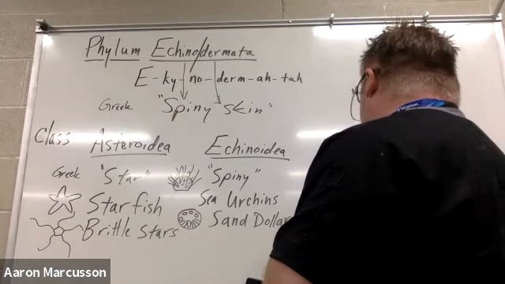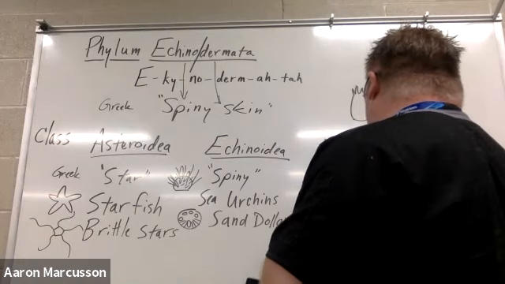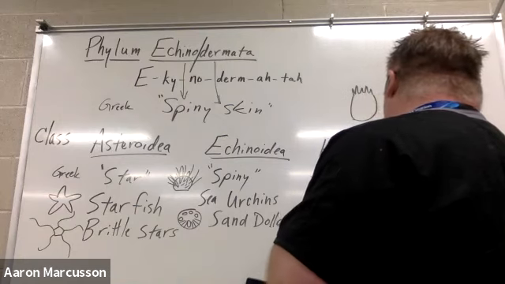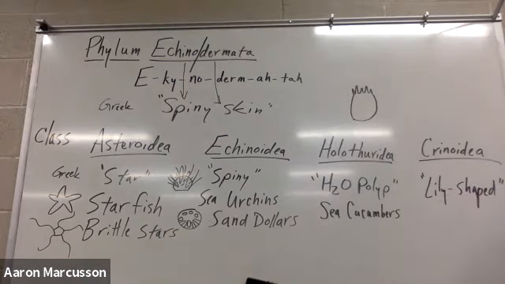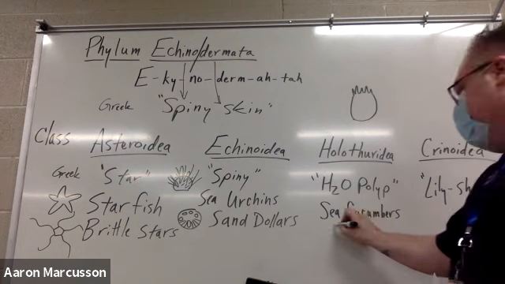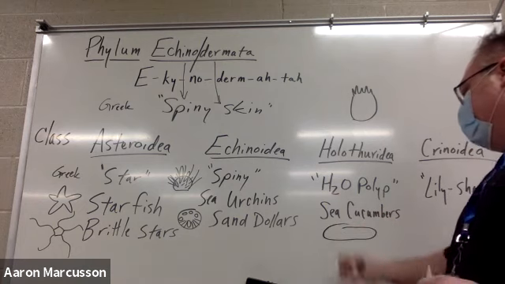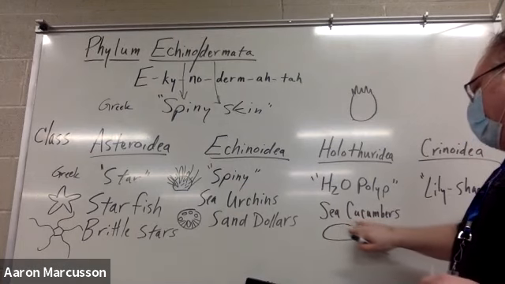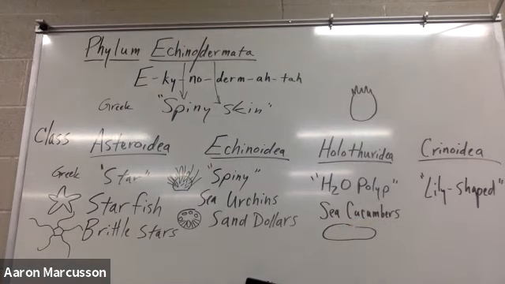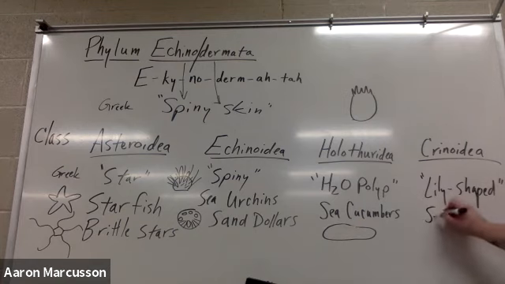Holothuriidea are your sea cucumbers, and they're no relation to plant cucumbers, but they look like them. They are kind of like little wandering cucumbers under the sea, okay? And these guys are sea lilies.